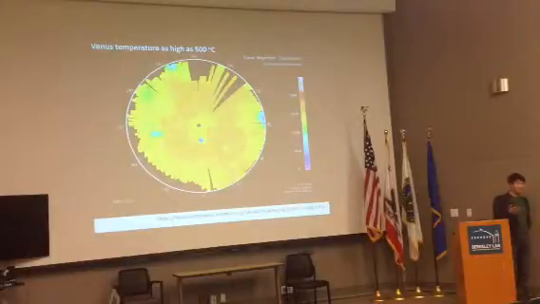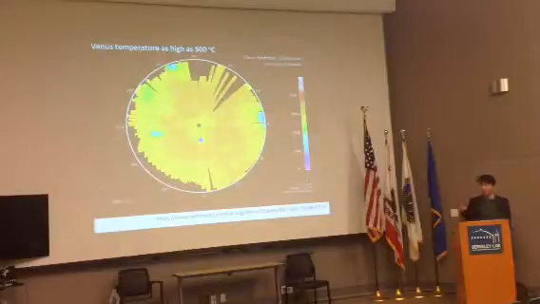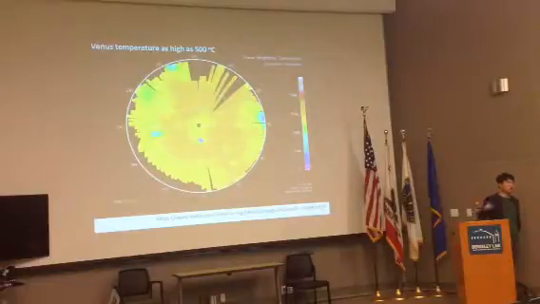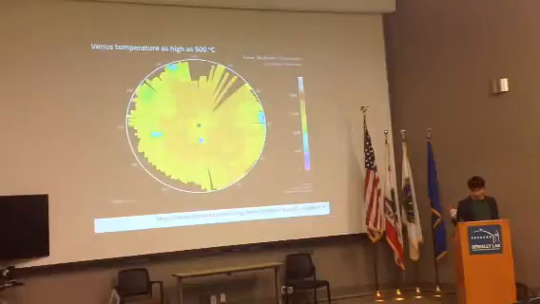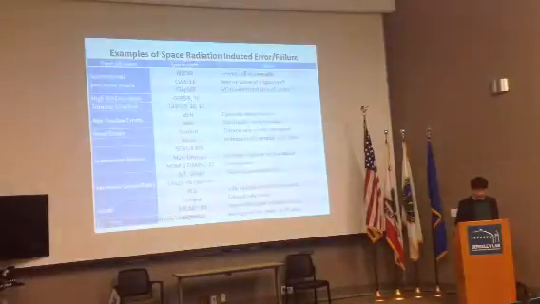Then there's no longer functionality at such high temperature. So for very radiation-rich environment applications, as well as very high temperature applications, we have to come up with some new device for such a harsh environment.